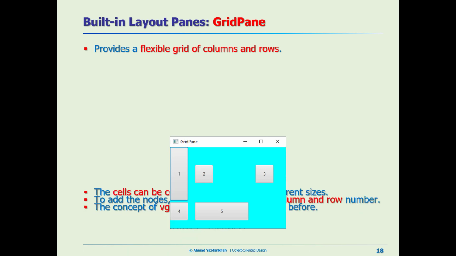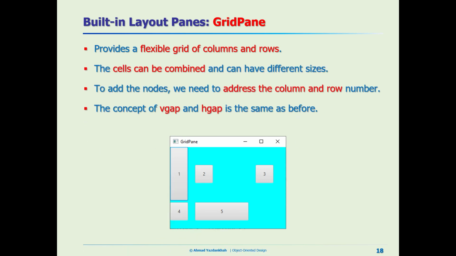To work with this, you should know that this is something like a matrix, and when you want to add a node to this GridPane, you need to address the column and then the row. And also the vGap and hGap are the same as before, we mentioned it before.